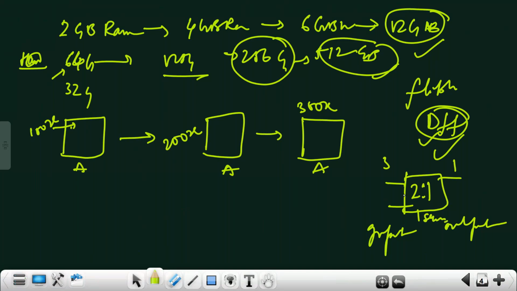Now, can you tell me how many combinational cells are required to design a 2 is to 1 mux? How many combo cells? We don't require a flip-flop to design a mux.